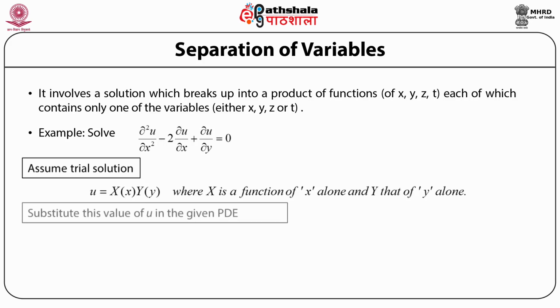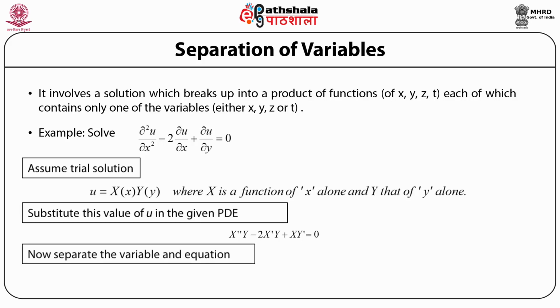If you substitute in the equation, with u equal to capital X into capital Y, then dou squared u becomes capital X double dash into Y, minus 2 times capital X dash into Y, plus X into capital Y dash, equal to 0.